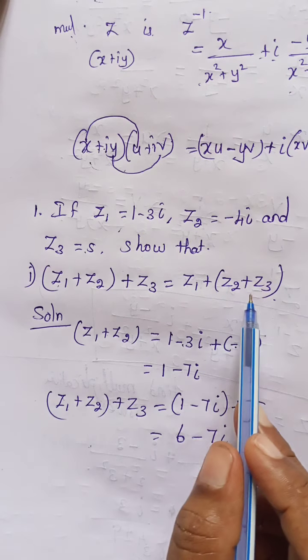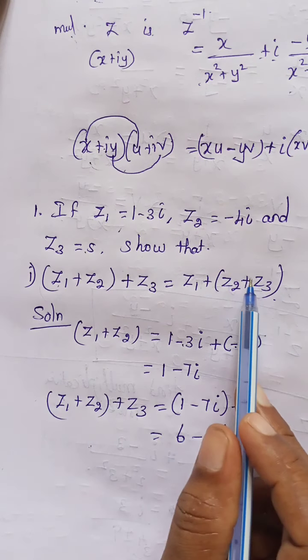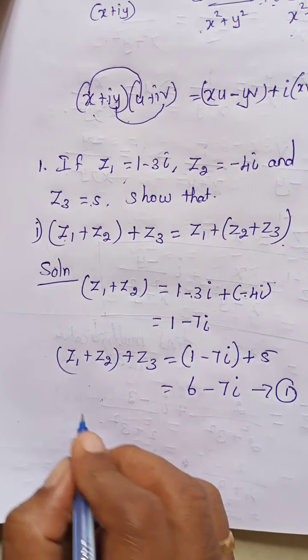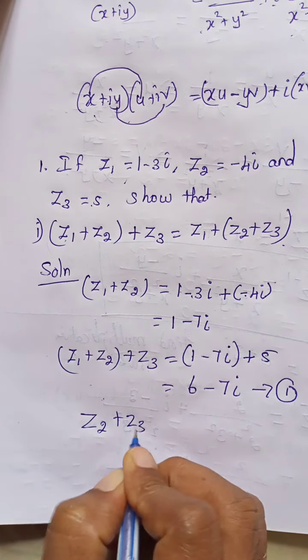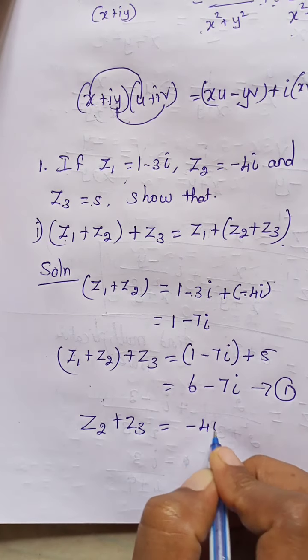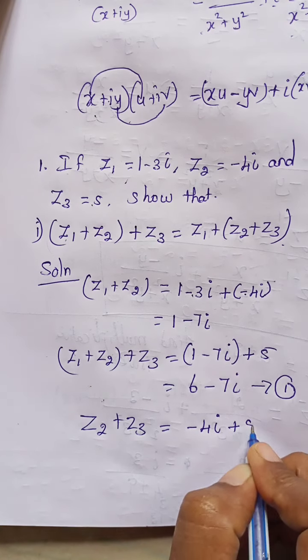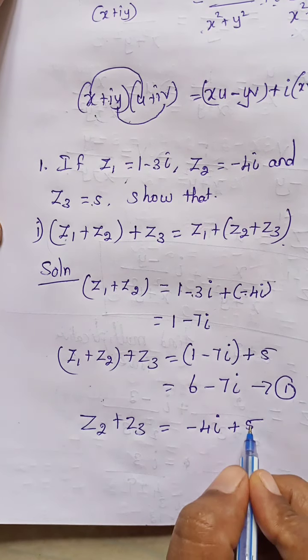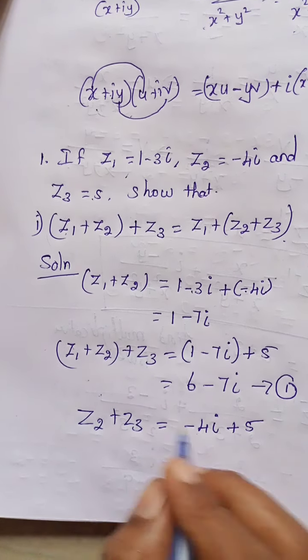Now, to find the right hand side, first Z2 plus Z3. Z2 is minus 4i plus Z3 is 5. There is only one real number and one imaginary part, so we cannot simplify more than that.